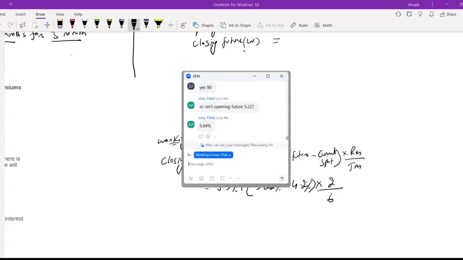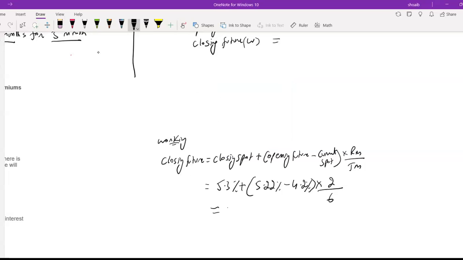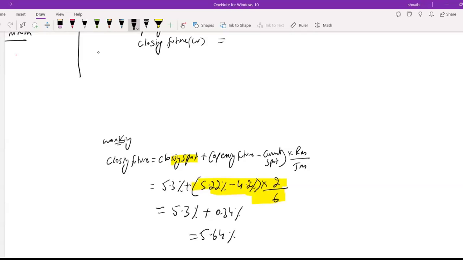So let me write the breakup. It would be easy for you. 5.3 plus. So this yellow highlighted is 0.34. So 5.64. Now at the same time, save the time, guys, and solve the working for the other.